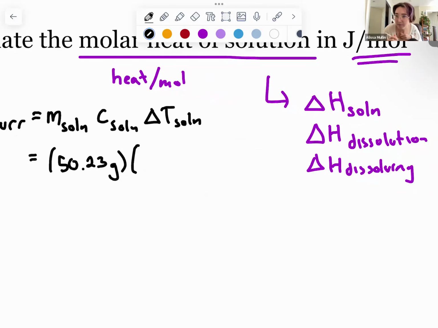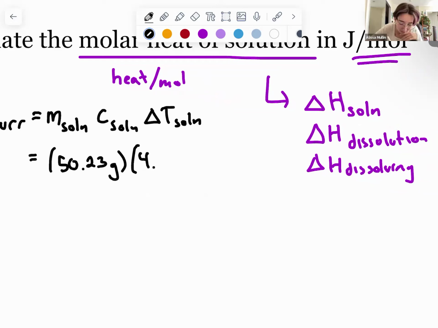Sometimes they'll give you the heat capacity, or I don't think you have to memorize the heat capacity of water. Maybe you do. It's probably a good idea to memorize it just in case. But a lot of the time when we have a solution, we're assuming it's the same as water, because it's mostly water, it's aqueous.